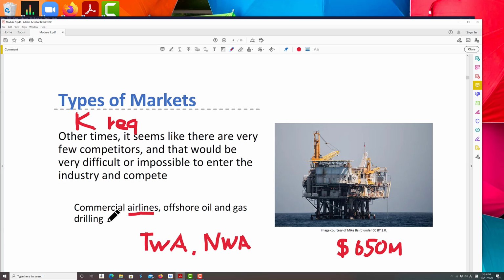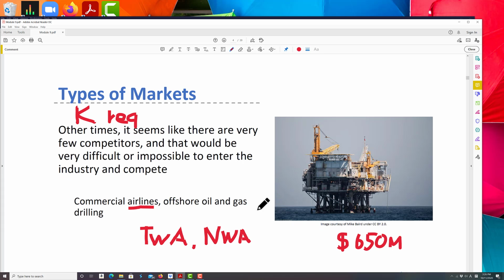Likewise, in airline industries like TWA, Northwest Airlines, United Air, etc., they require huge investment because they need to maintain several fleets of airplanes. And spending a huge amount of money on capital equipment does not guarantee that their businesses would be profitable.